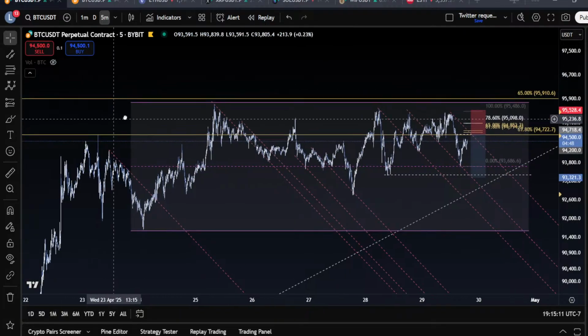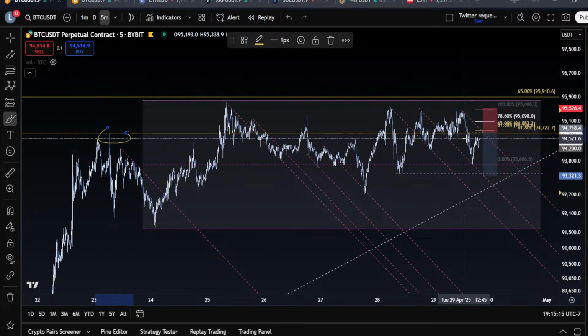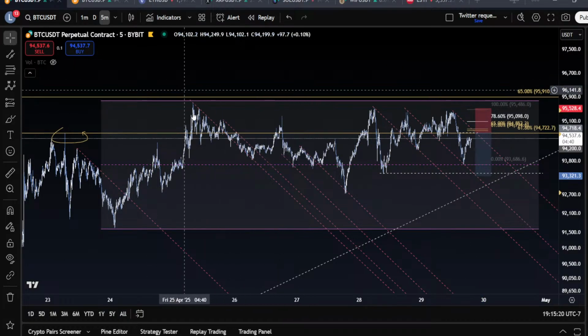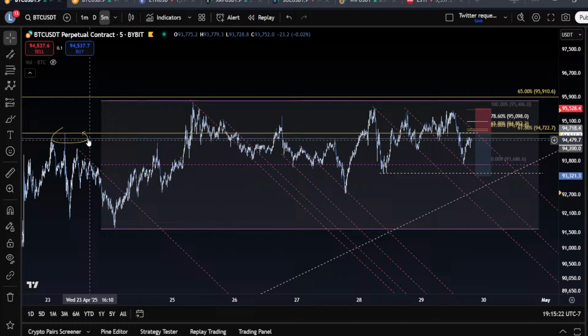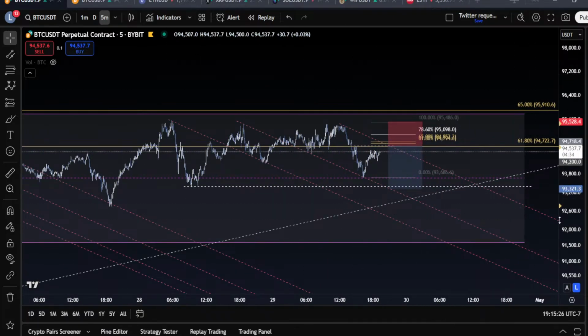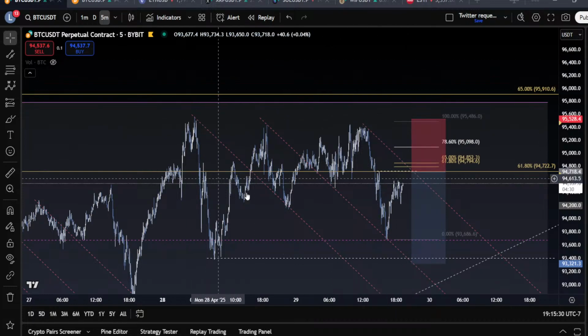We could say as well that this is the 618 on the log scale up here. Is that a strong confluence? I mean, apparently not, right? Price has washed through it quite a few times. But you're also shorting at this rate into the major log scale GP.